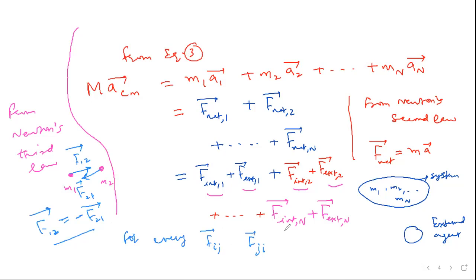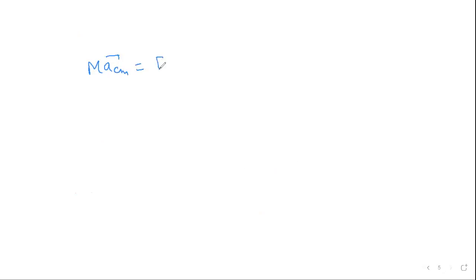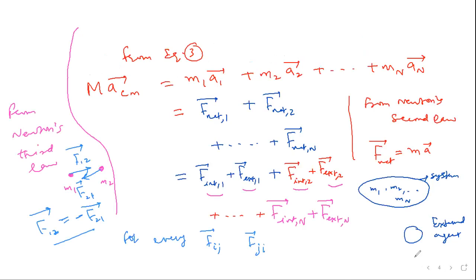So what remains? Only external forces. So what I get is M_ACM equal to F external 1 plus F external 2 plus so on plus F external N, right? It's my equation third.